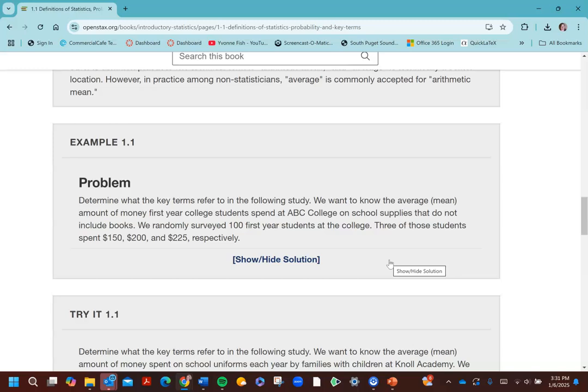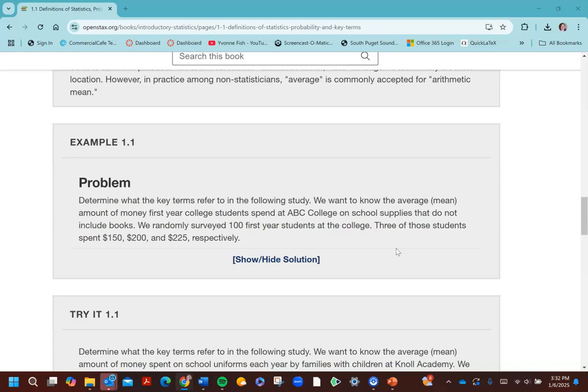So what we're trying to look at here are the key terms, and I'll remind you what those are. Population, that's the first one. I don't want to click there yet for you to see it. I want you to think about it. Population would be all of them.